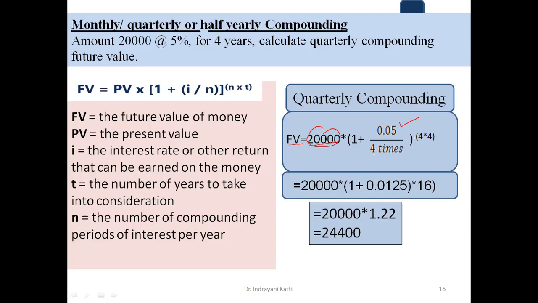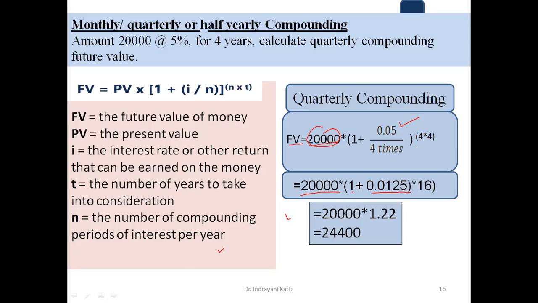Complete the small bracket as well as the bigger bracket and raise to 4 into 4. So 20,000 is multiplied by 1 plus 0.0125. This is what we get when the rate of interest, 0.05, is divided by 4. We derive this value, 0.0125.